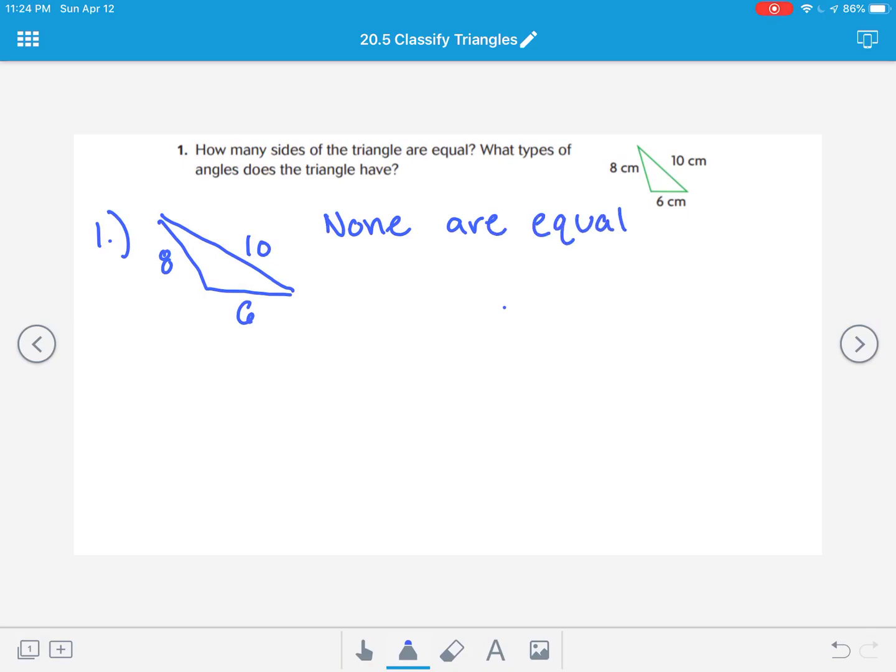So what that means is we need to now think about what types of angles the triangle has. Well, knowing that none of the sides are equal and looking at the inner angles, I need to decide, does it have right angles, acute angles, obtuse angles, or a mixture? Well, looking at this triangle, I can tell this slanted back angle here is greater than a right angle. A right angle is straight up and down.